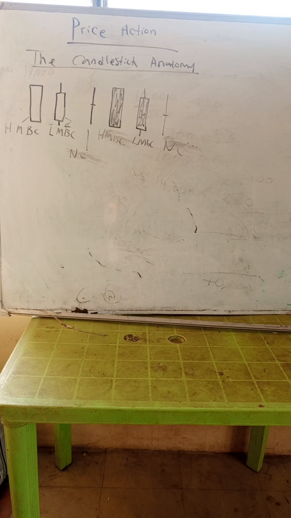Then on the bearish side, this is HMbC. See that the small b is different from the capital B. That b means bearish, it means that it is going down. LMbC means low momentum bearish candlestick.